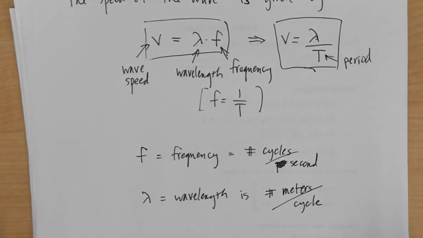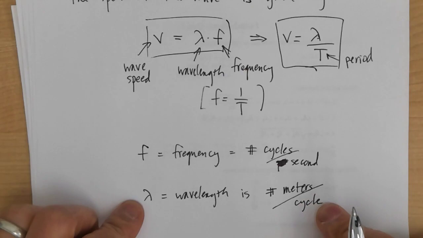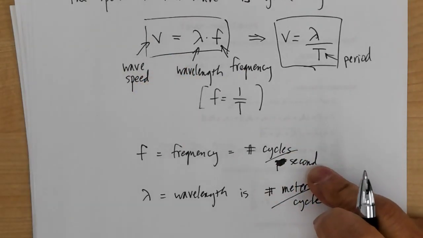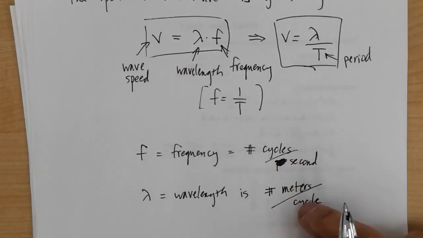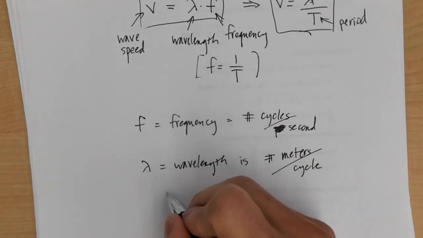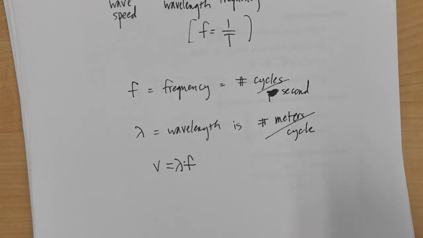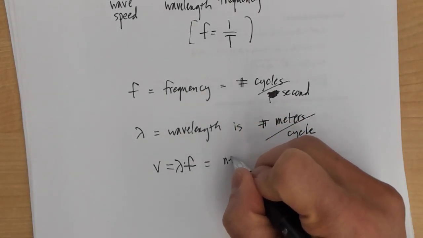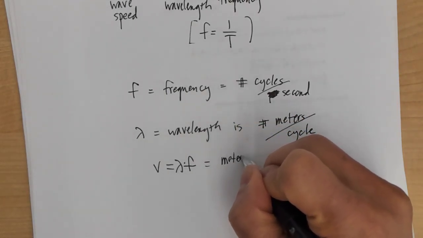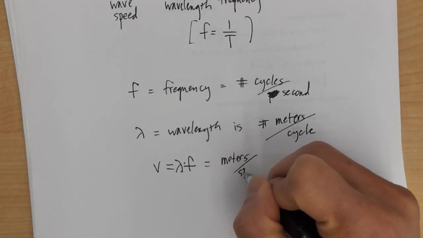So if I multiply the number of meters per cycle times the number of cycles per second, then the cycles cancel out, and so lambda times f will be the number of meters per second.